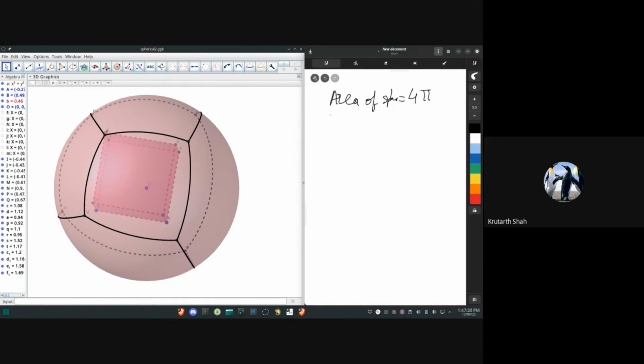And you can also write this using the polygons as the summation over all polygons of the area of the polygon. Each face of the cube projects a convex quadrilateral on the sphere. Yes, you can assume that, I think.